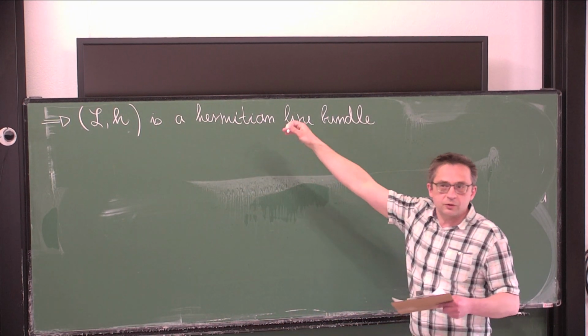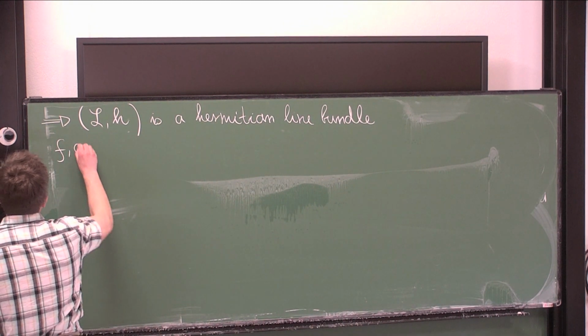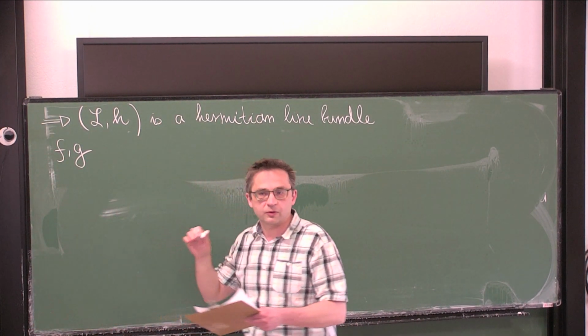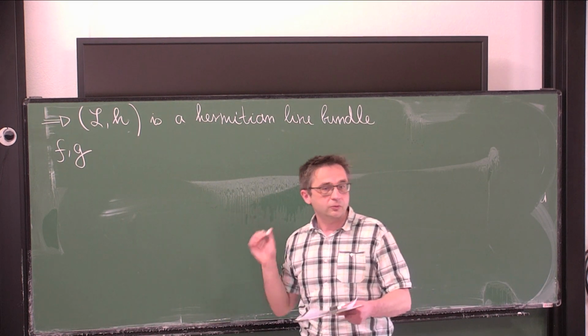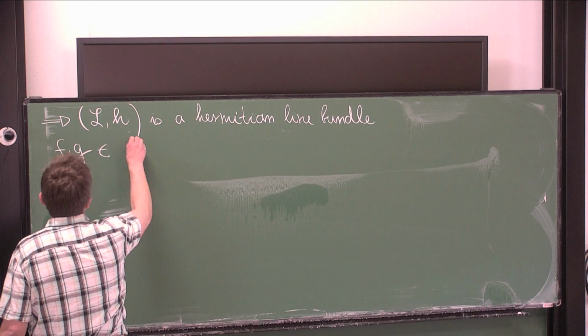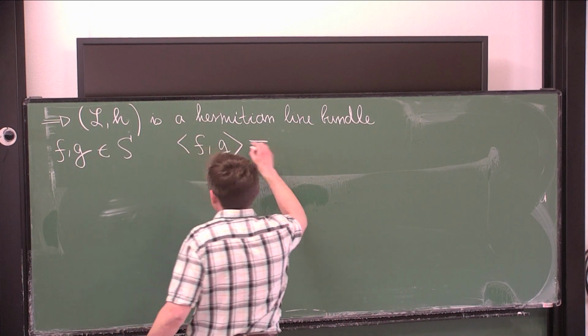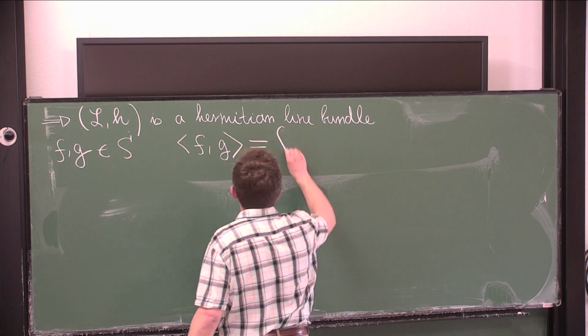So this structure of Hermitian line bundle allows to make from the space of any local sections, also from the space of global sections, a Hilbert space. So I define the scalar product in an obvious way.